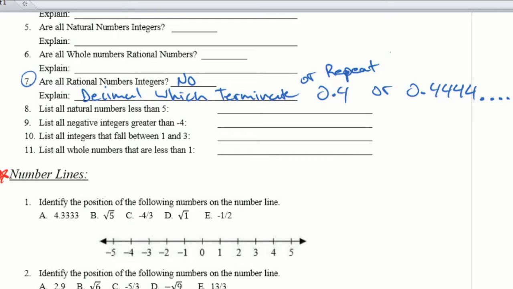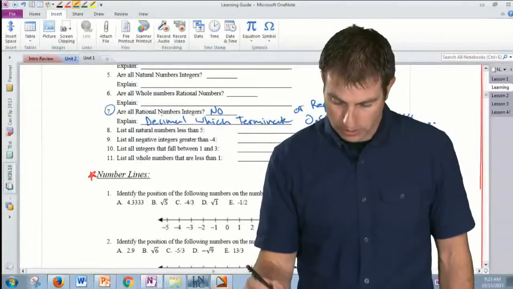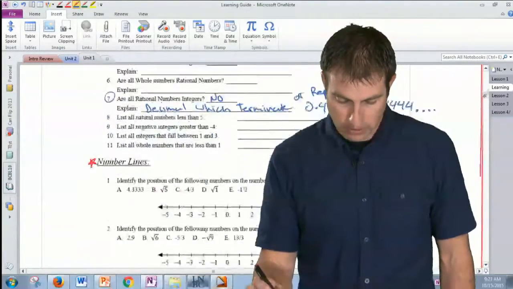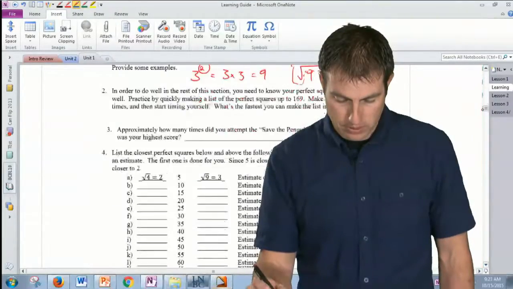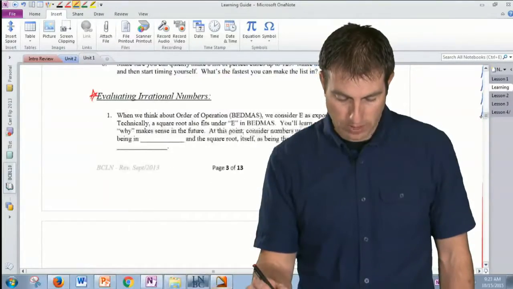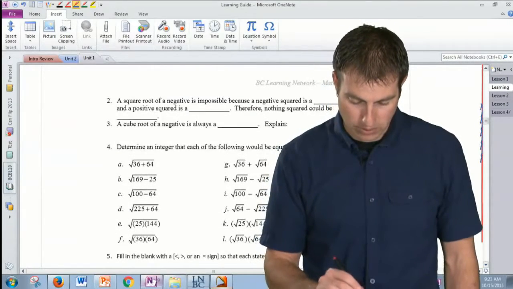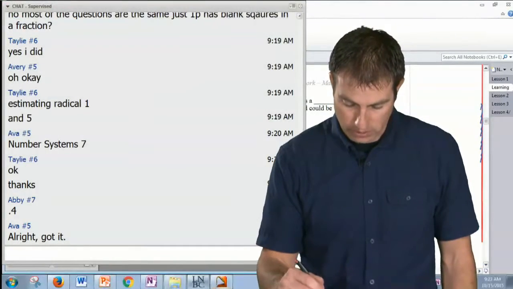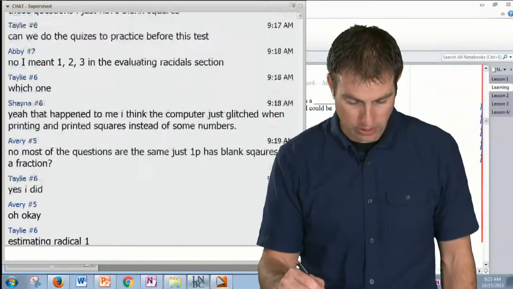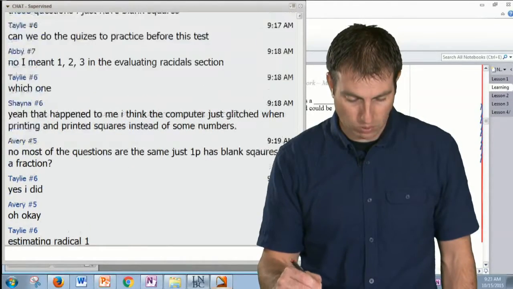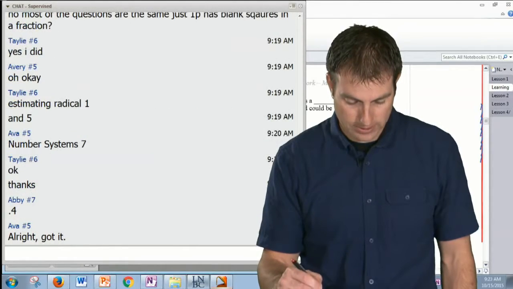Okay, estimating radicals number 1. I think I did that. Yes. Evaluating irrationals. Somebody have a question about the evaluating irrationals? My chat is all giant sized here and I can't see as much. Evaluating radicals 1, 2, and 3.